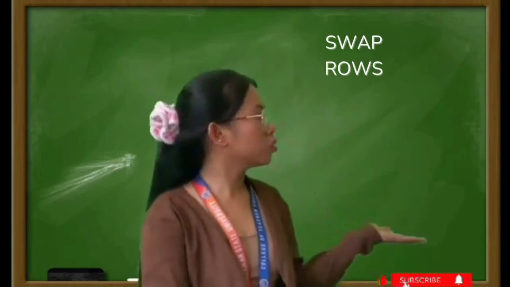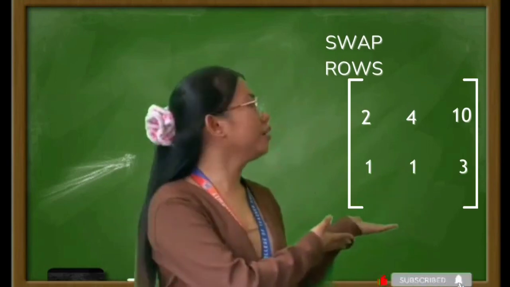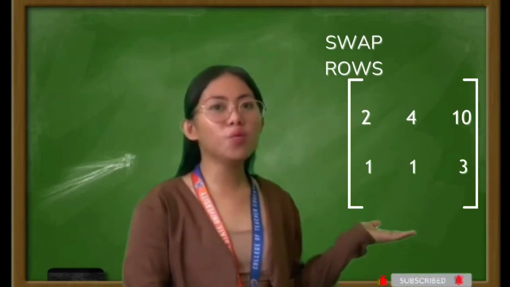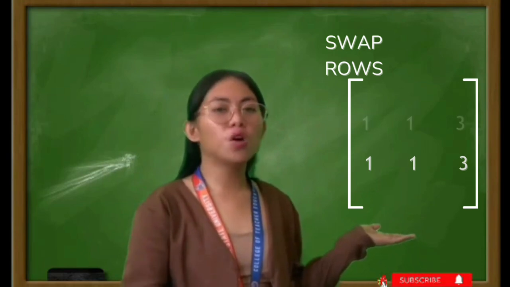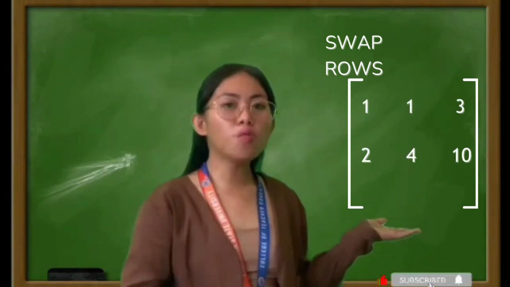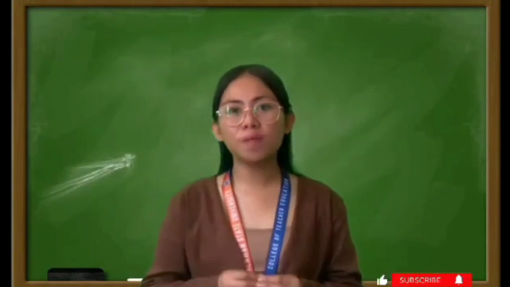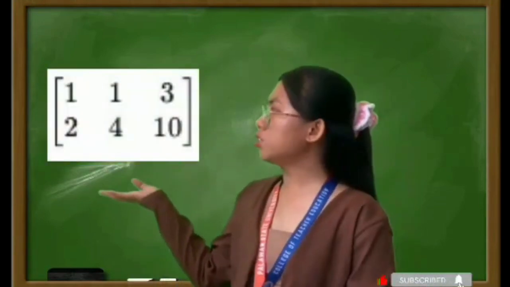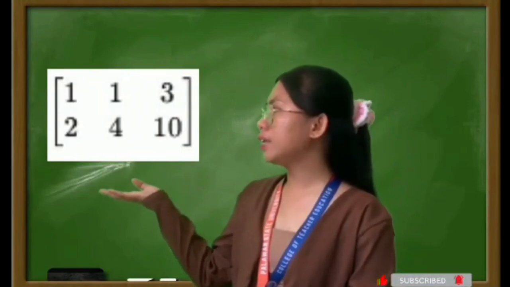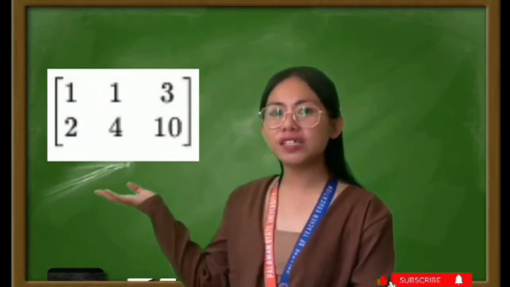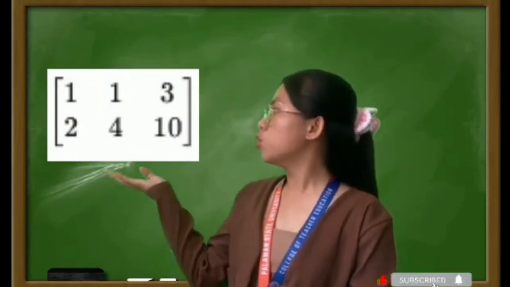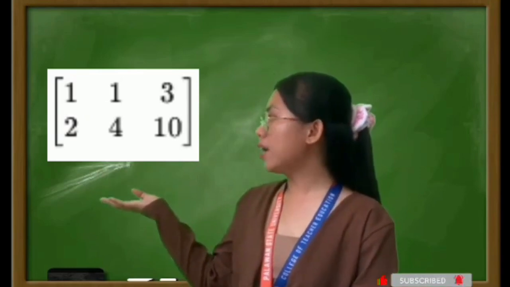For step 1, we swap rows. As you can see here, to get a leading one in the top left corner, we will swap row 1 and row 2. Then after swapping, the matrix becomes, for the first row, 1, 1, and 3. And for the second row, 2, 4, and 10.